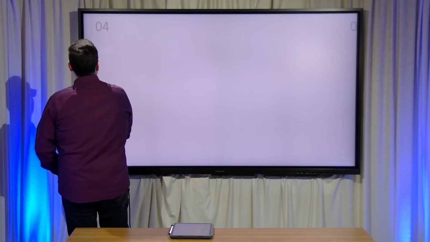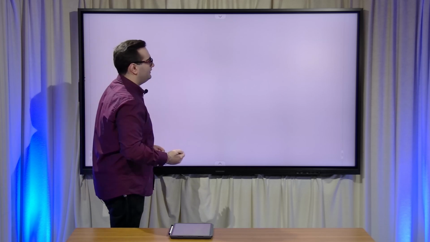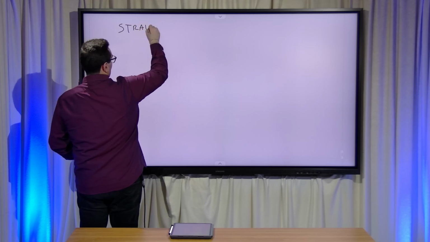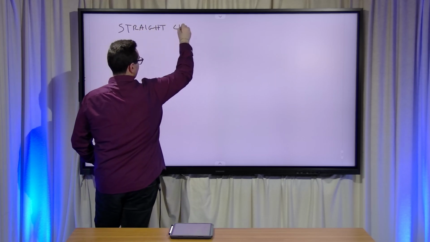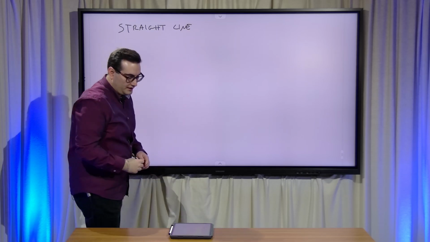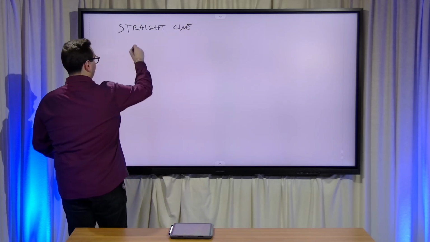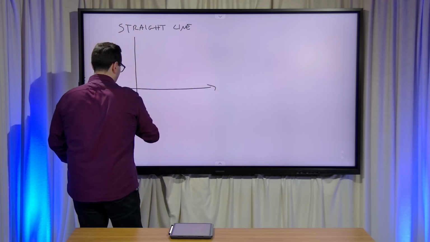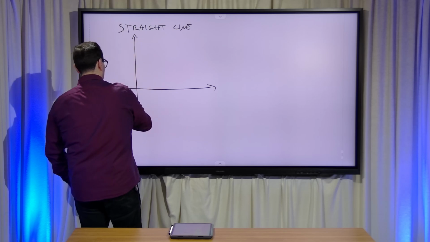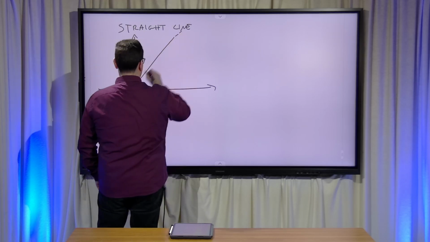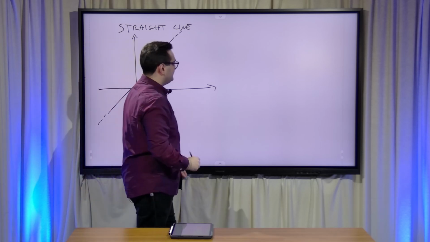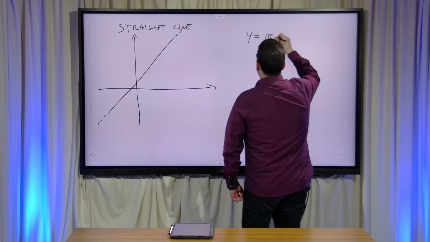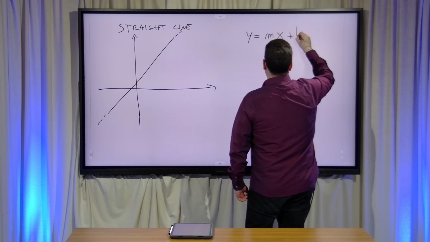Okay, so let's recall some basic concepts of geometry, some basic functions. The first one is the straight line. Let's consider again the Cartesian plane. This is the straight line, and it has this equation: y is equal to m times x plus b.